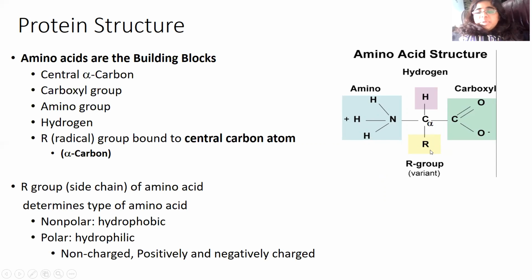The R group determines the type of amino acid that it is. When you look at it, it can either be nonpolar or polar. If it's nonpolar, it's typically hydrophobic. If it's polar, it's hydrophilic. Depending on the case, it can be further divided into non-charged, positively charged, and negatively charged, okay?